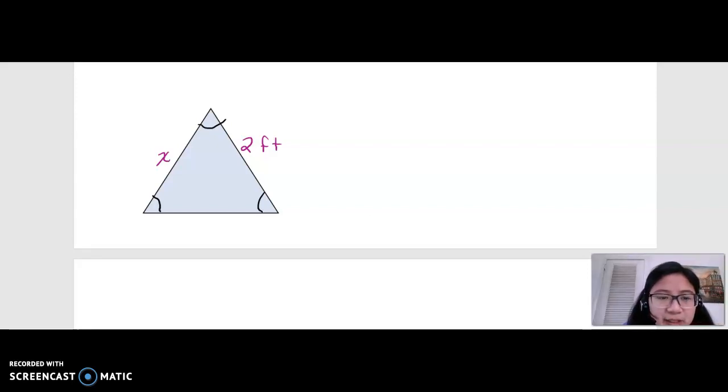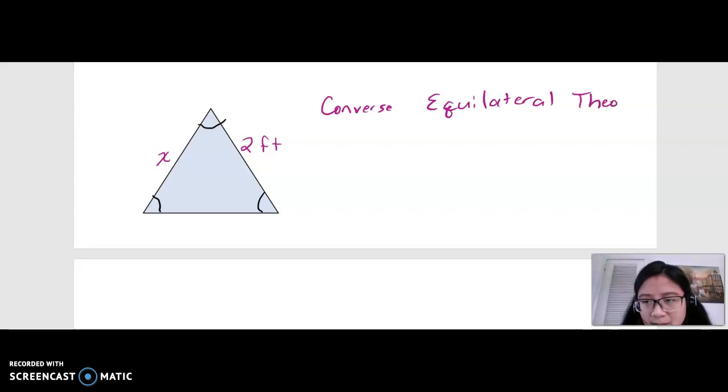these two theorems in a problem, this is something they would give us. So we have a triangle with three equal angles, and we have to find the missing sides. But according to the converse of the equilateral triangle theorem, we know all 3 sides are actually equal to each other.